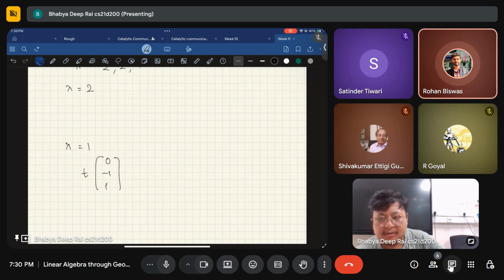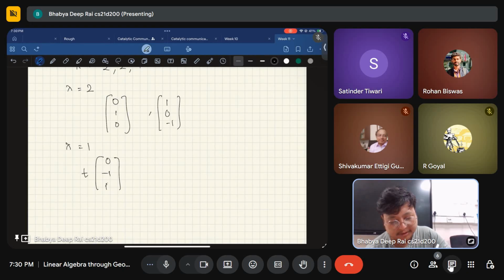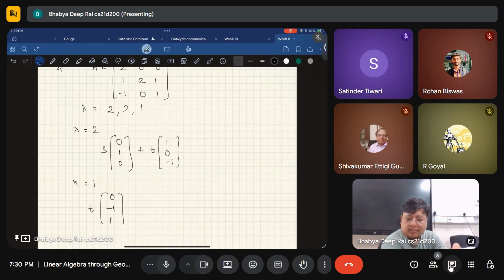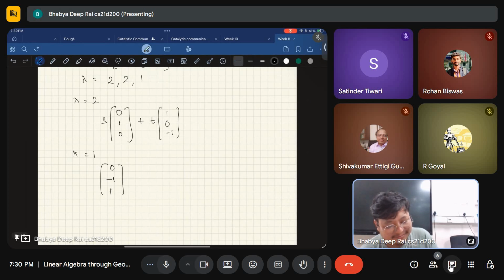And for lambda equal to 2, one eigenvector is 0, 1, 0, and another is 1, 0, minus 1. So basically you are getting s plus t times these, right? Yes, sir, that's right. Okay, s and t will replace the name.